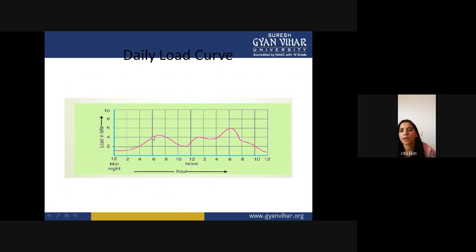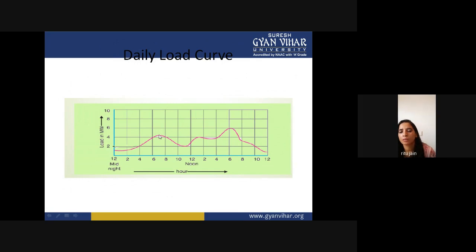At 6 a.m., it reaches 4 megawatt because all people get up early in the morning and use lighting systems, or in winters they use geysers, and many equipments are used at this time. So this load increases linearly. After that, the load reaches its peak, which is greater than 4 megawatt.